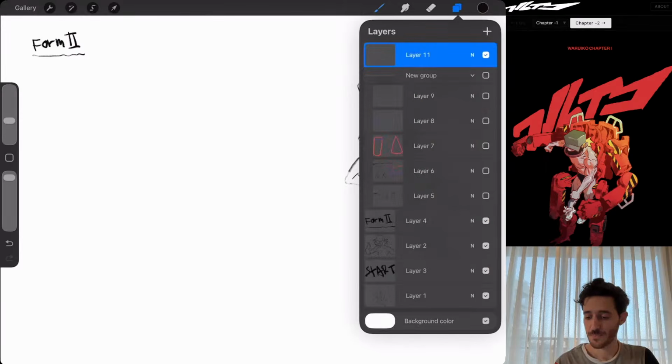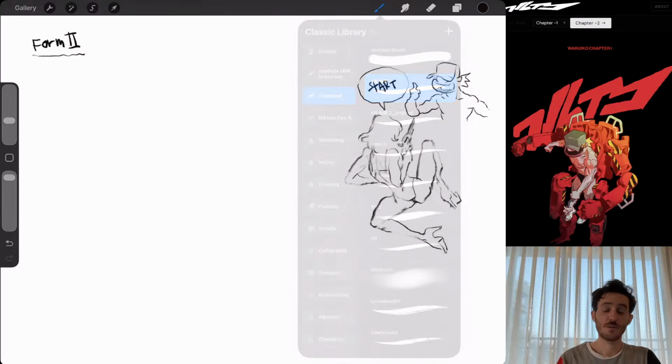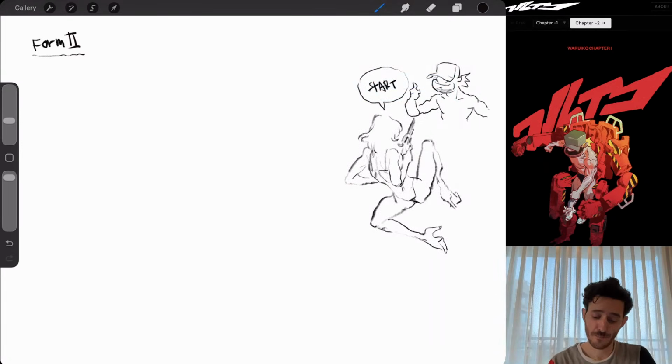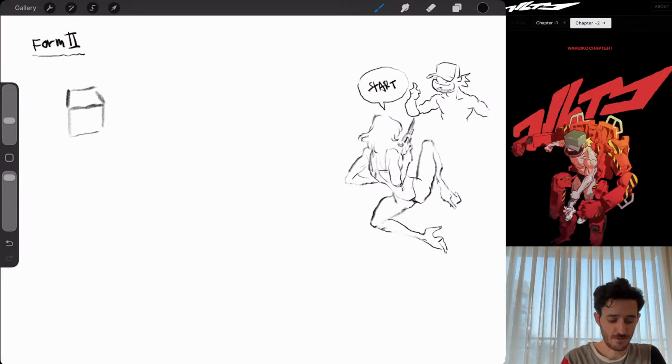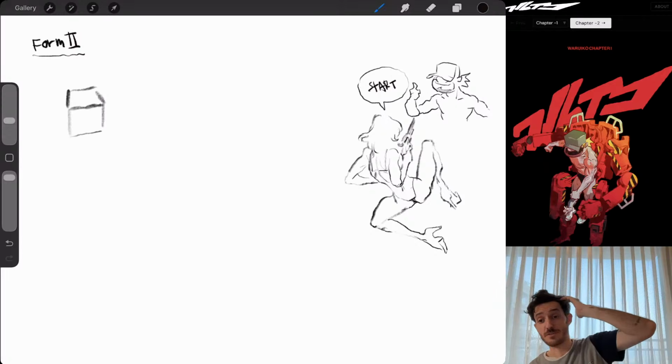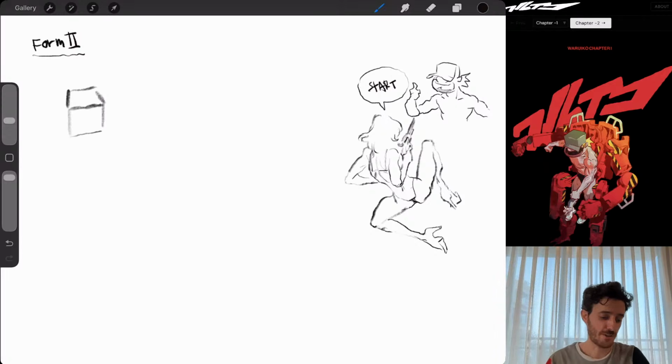Right. So now, I gave you guys some homework, and the homework was to draw the primitive shapes in various manners and build them in various ways.